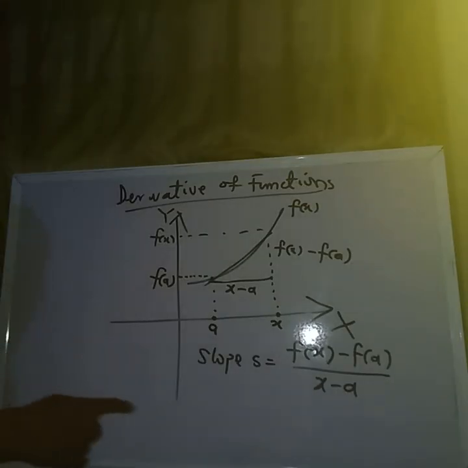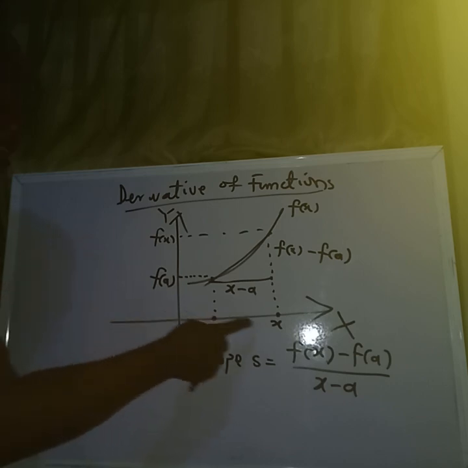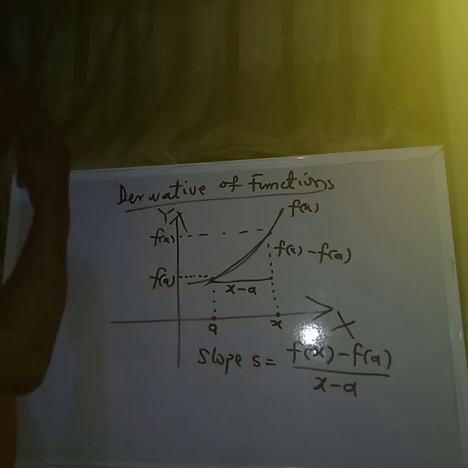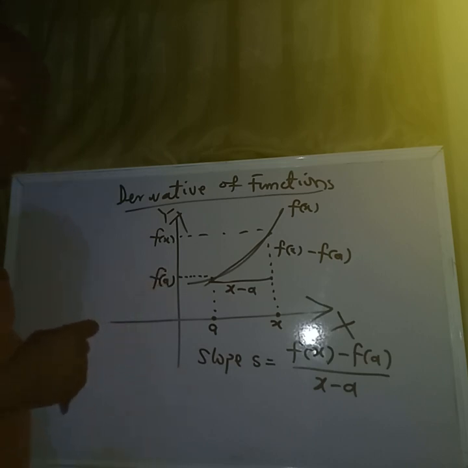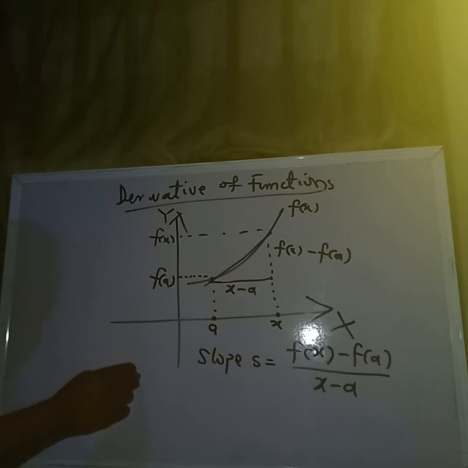However, if you are looking for a total change here, as this x tends to a, what we get is a total change. We denote this by dy dx, that is, total change in y all over the total change in x.